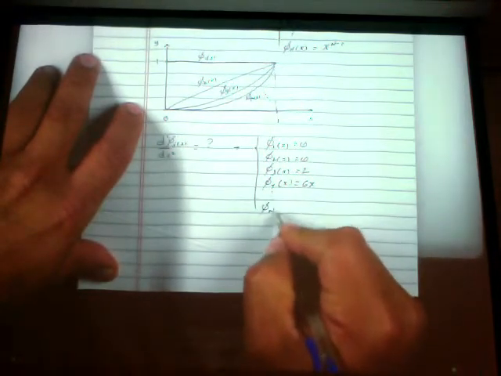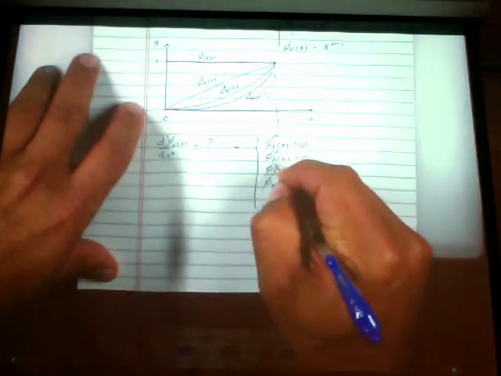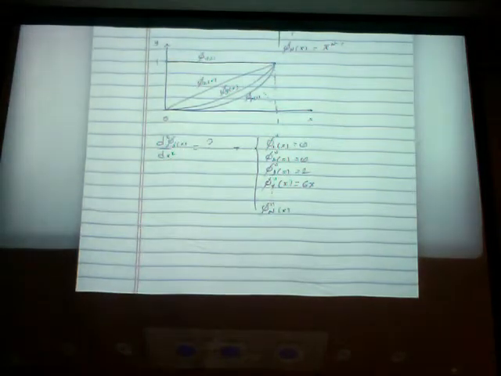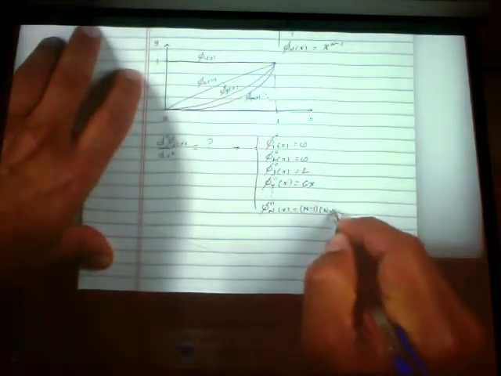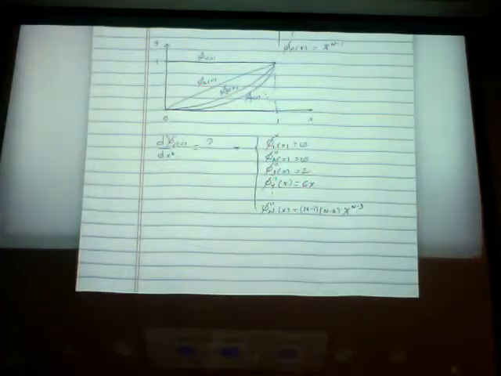By the way, this is double prime, taking the second derivative. And the second derivative of the nth function would be n minus 1 times n minus 2 times x to the power n minus 3, right?